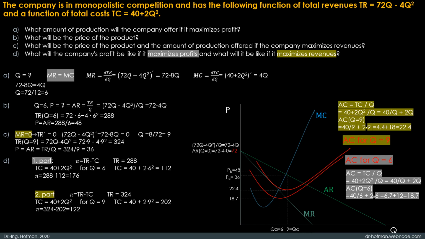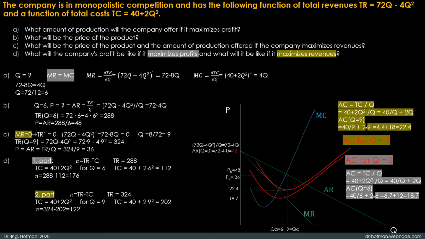We know that for maximizing profit, the quantity is 6, and that the profit is total revenues TR minus TC. Total revenues were 288 for quantity 6. Total cost is given like 40 plus 2Q squared.